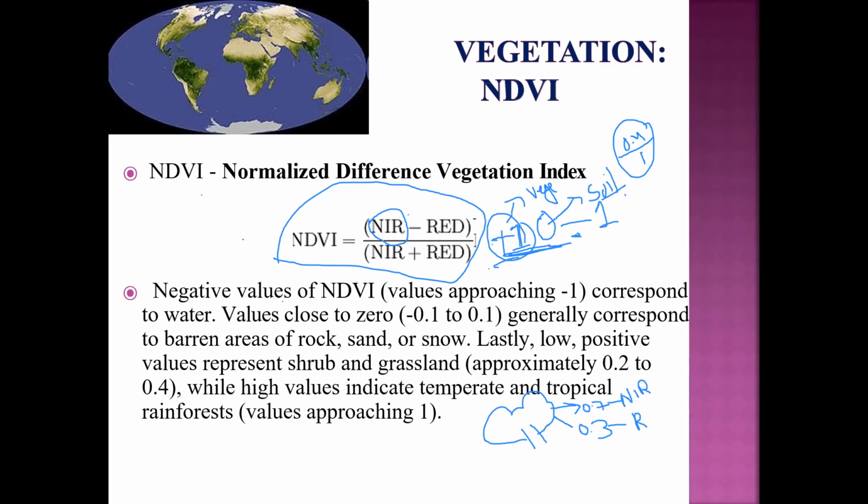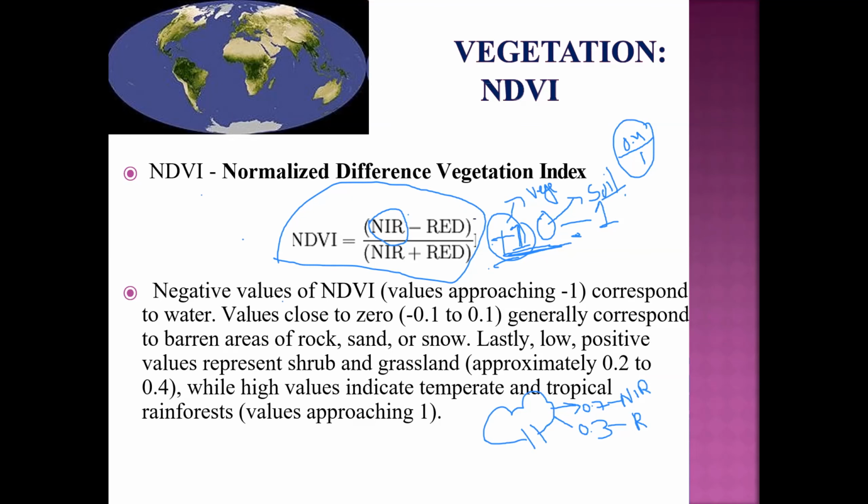If the vegetation is also there and moisture content is also there, vegetation will reflect more and more NIR, but the water body, the moisture content, will reflect more and more red. So if there will be equal proportion, then it will give the value near the 0. So near the 0 value, that means it is soil.